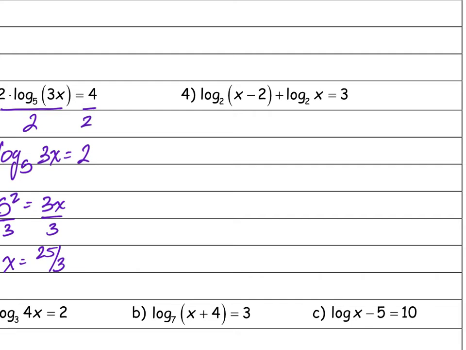So then the next one, I have 2 logarithms. Now I can't switch it to an exponential equation if there's more than one logarithm. And this is where the properties of logarithms come into effect. I know I have a plus sign here, and plus means multiplication. So I can write these 2 logarithms as a multiplication.